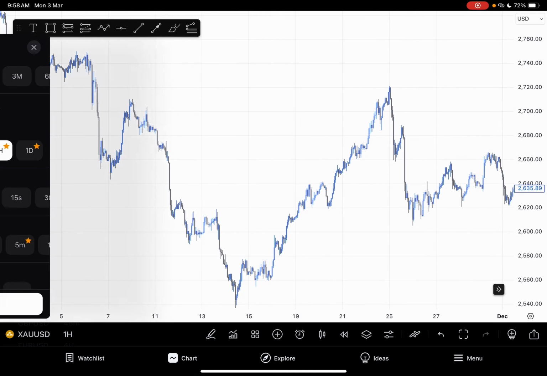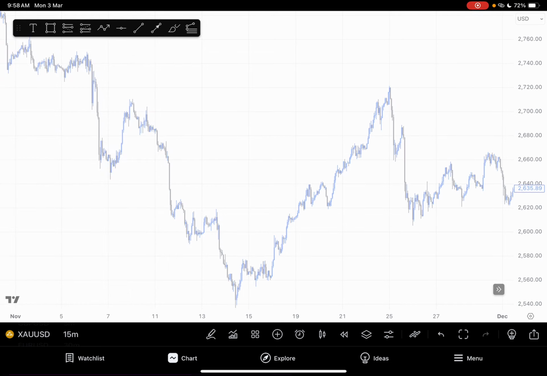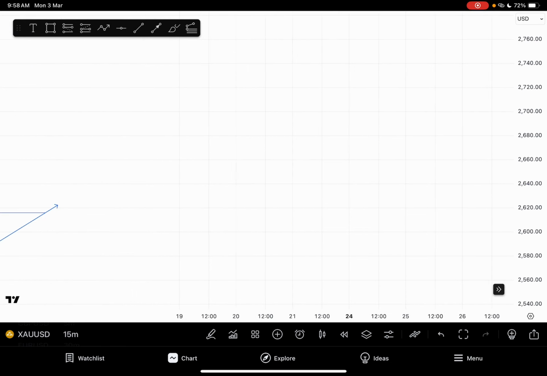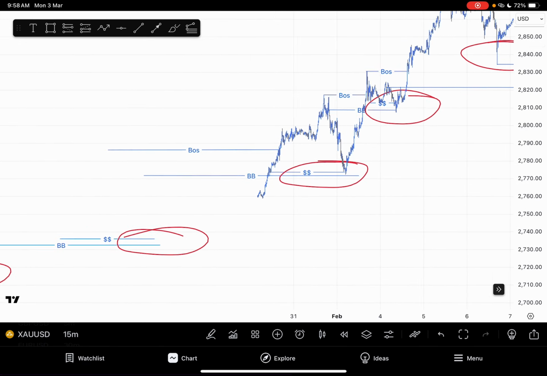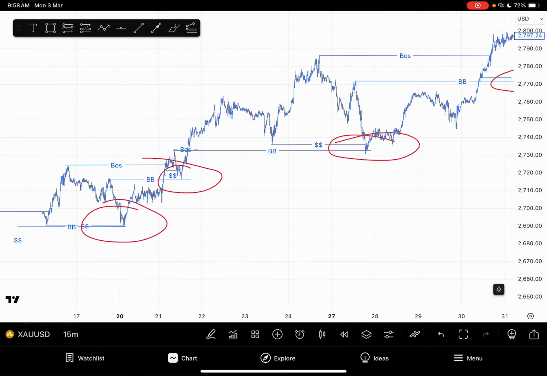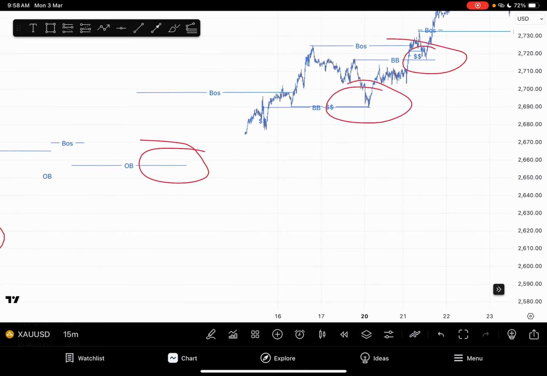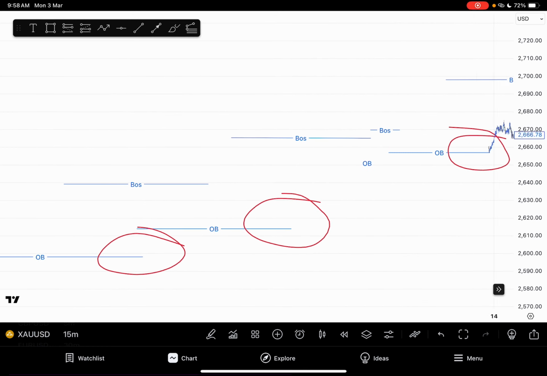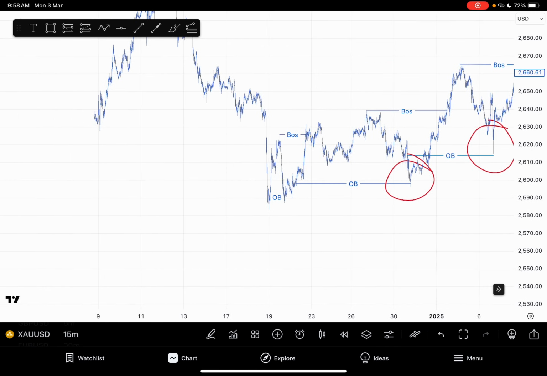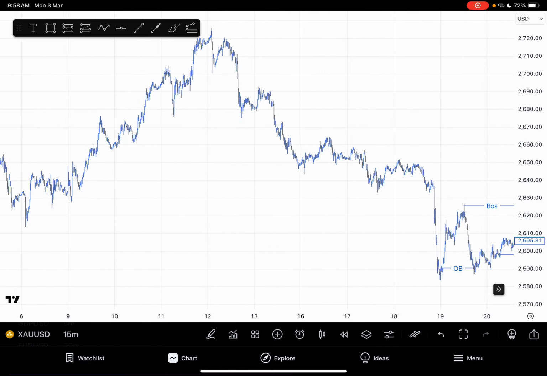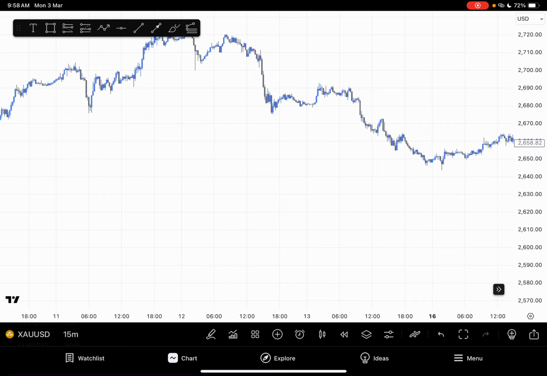So let me show you some quick examples on the chart, examples of a liquidity sweep. Let me see if I can find some examples on the chart.